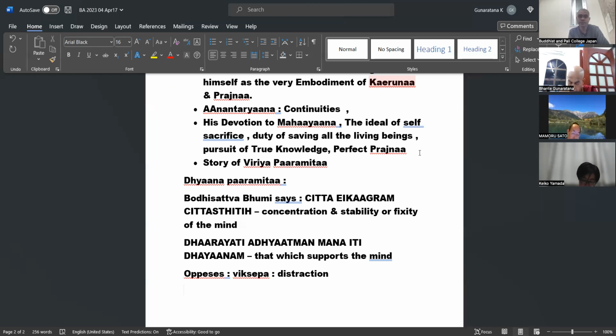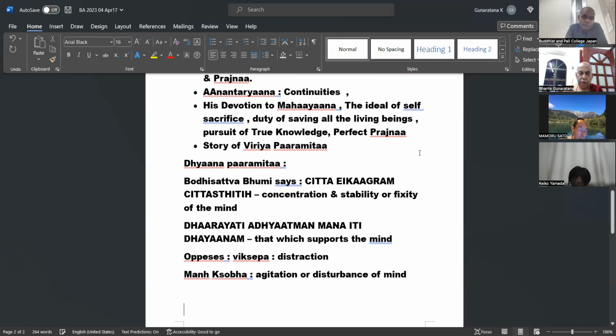It opposes vikshepa, distraction, agitation, or turbulence of mind, agitation or disturbance of mind.